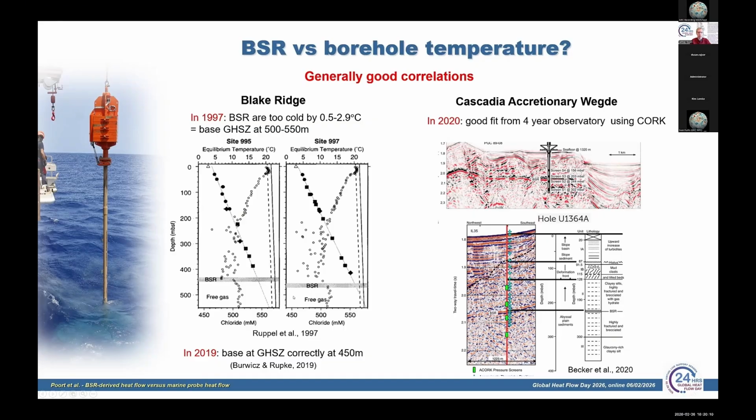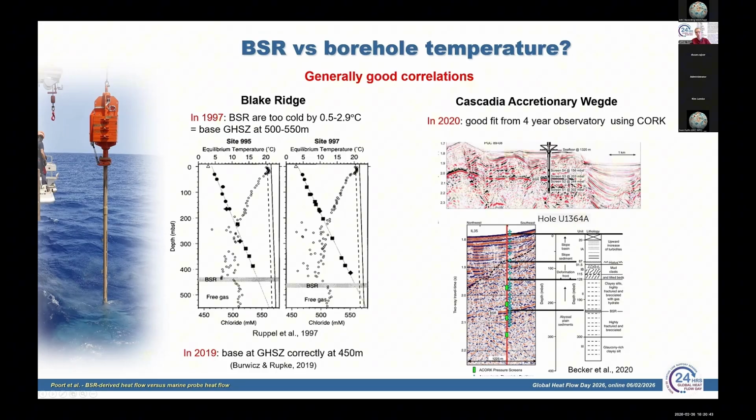You can see on this image that normally the gradient, and this is the hydrate stability, will cross somewhere at 550, while the BSR here is only at 450, so it has a colder temperature than what was expected. But recently, there is a paper that has reconsidered some of the different parameters, and that comes to a base of the gas hydrate stability zone that is correctly estimated at the base of the BSR here.